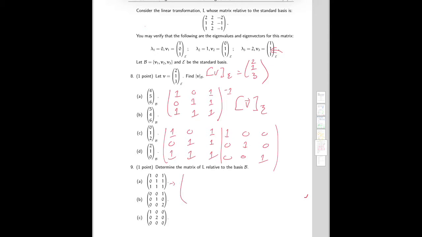So I'm going to first subtract row 1 from row 3. So 1 minus 1 is 0, 1 minus 0 is 1, 1 minus 1 is 0, 0 minus 1 is minus 1, 0 minus 0 is 0, 1 minus 0 is 0.